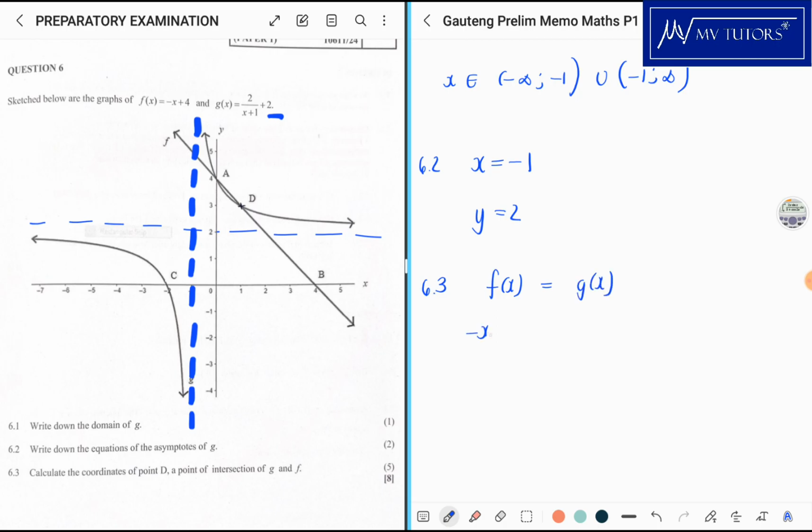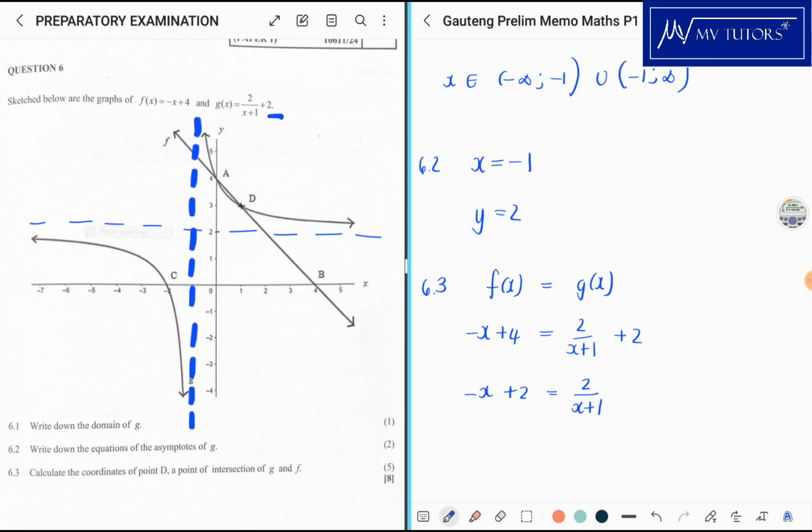So I have negative x plus 4 is equal to 2 over x plus 1 plus 2. All right, and then I am going to take 2 to the other side, so I have minus x, 4 minus 2 is 2, and then I have 2 over x plus 1.